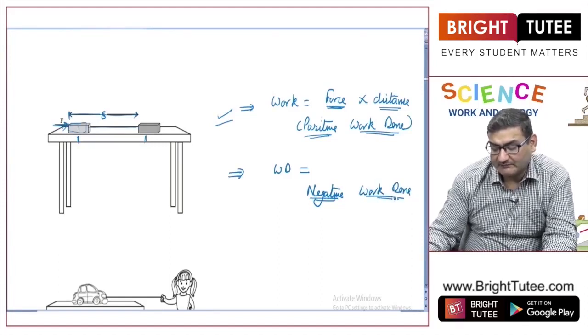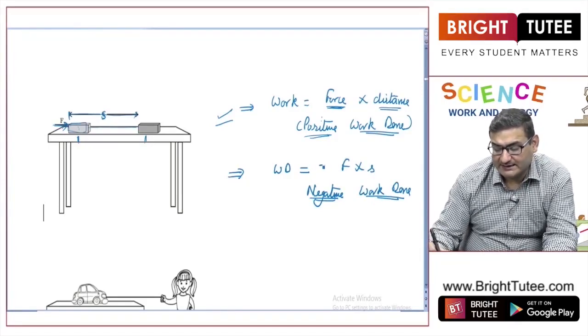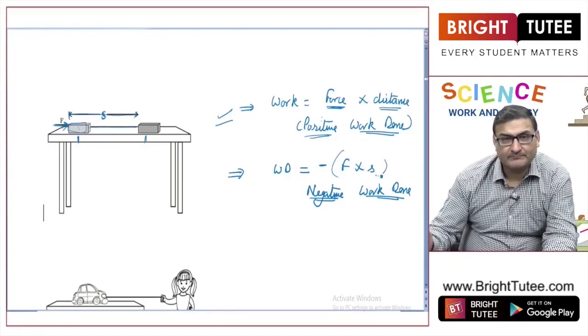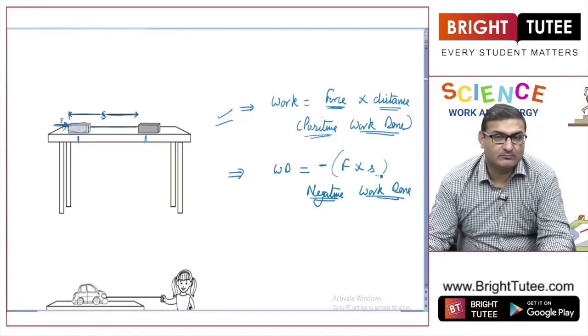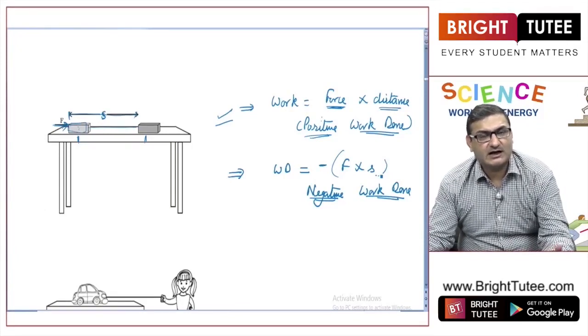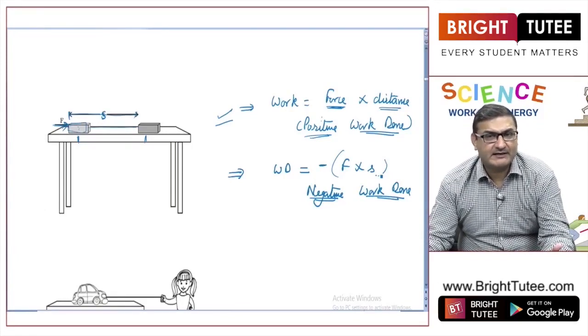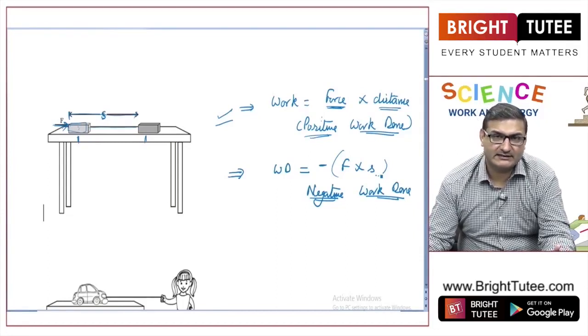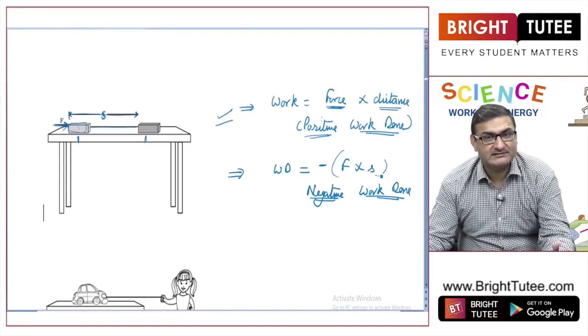What is meant by negative work done? When the force into displacement product is in minus. That means the distance moved by the object is opposite to the direction of force. Now students may ask, sir, how is it possible? If I am applying force in one direction, how can the object go in the opposite direction? It does. There are so many examples.